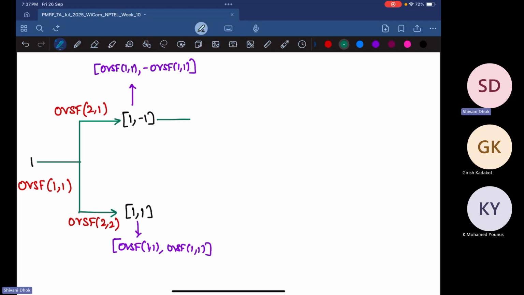Yeah, so we'll branch it out into 2, like this.